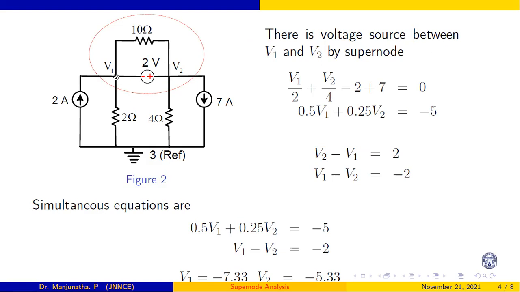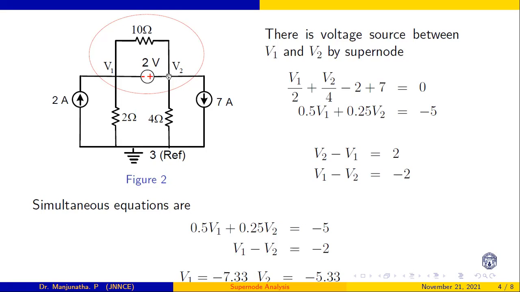So there is a voltage source between V1 and V2. Coming to the first node, there is a resistor here, V1 by 2, and the current is coming towards this node, that is minus 2 ampere. Next, we have to neglect the resistance connected between these two nodes, that is in parallel with the voltage source.